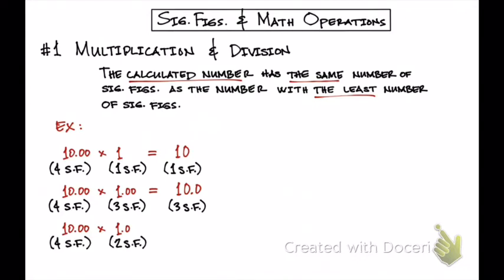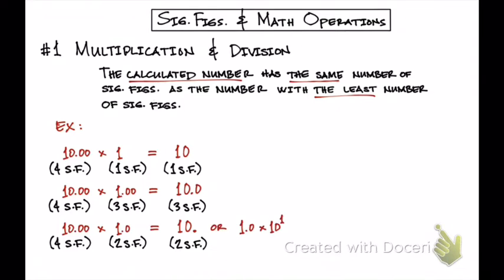First number has 4 sig figs, second number has 2, and the answer is 10, right? But then the number 10 only has one significant figure because that 0 is a trailing 0. So how can we turn this into something that contains 2 significant digits? Well, you can add a decimal point right after the 0, and that would give it 2 significant digits.